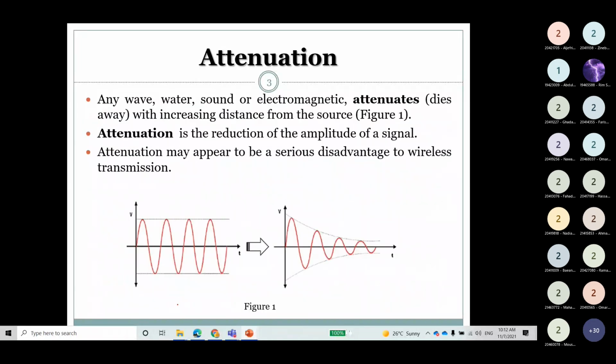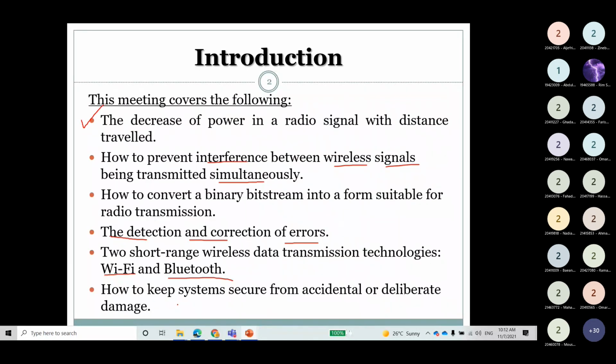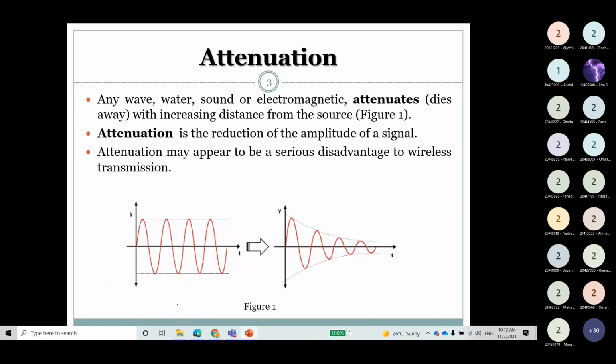So we will start with attenuation. We have already seen that the wave, or the signal, will have some attenuation, some reduction, as it travels away from its source.